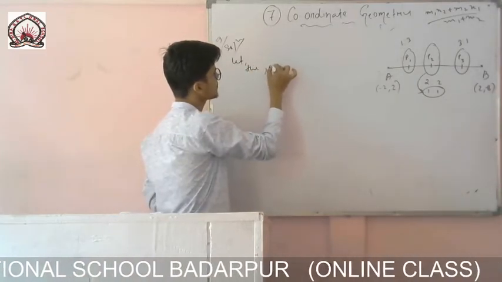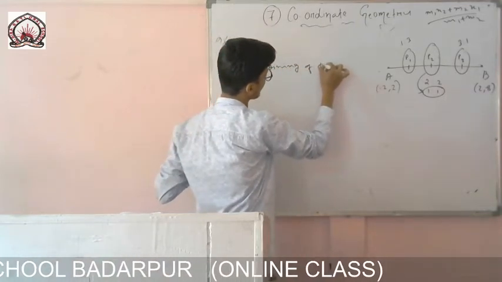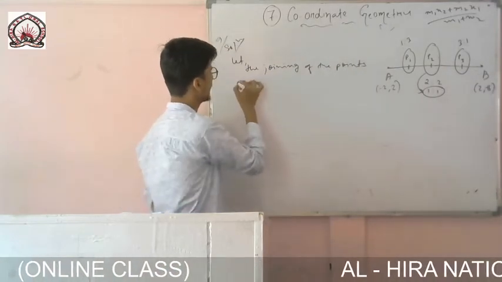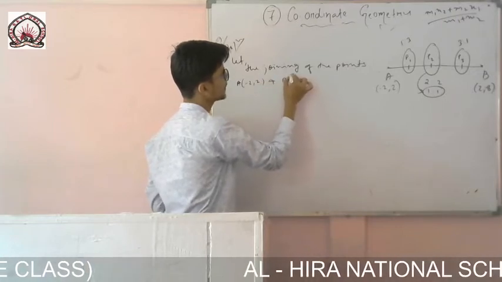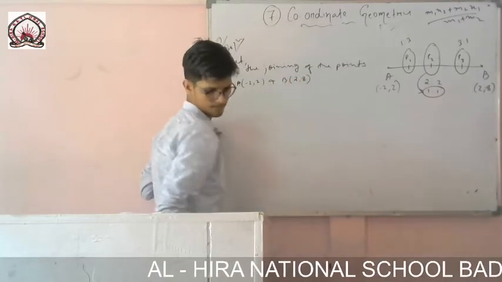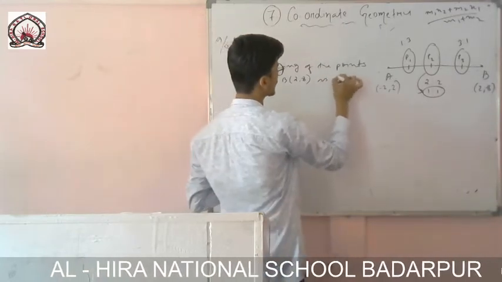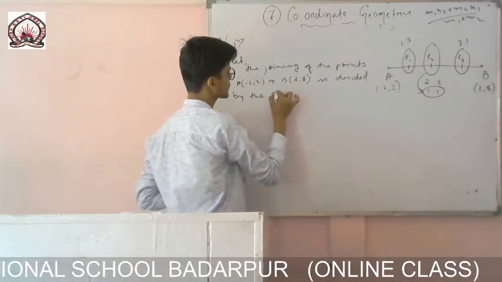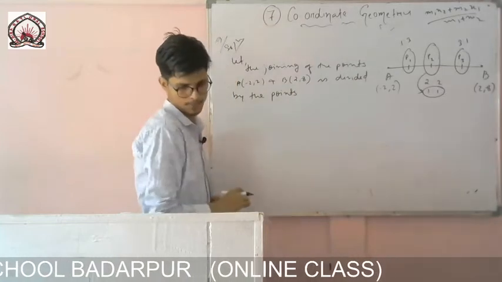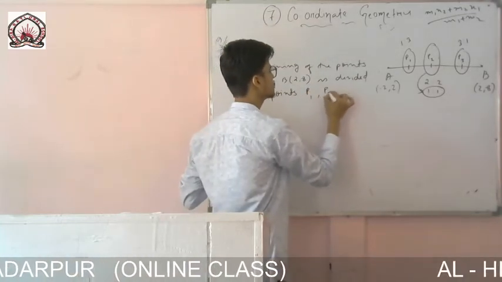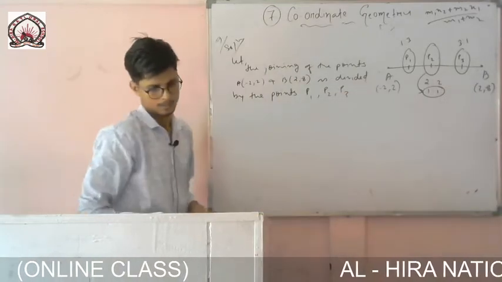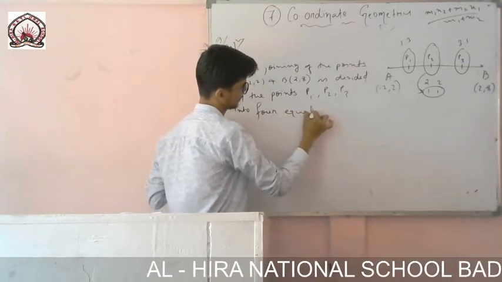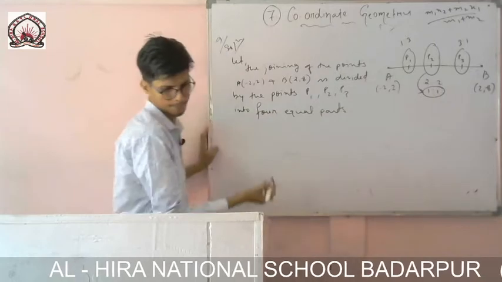Let the line joining the points A(-2, ...) and B(2, 8) be divided by the points P1, P2, P3 into 4 equal parts.